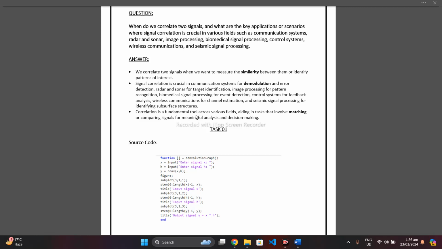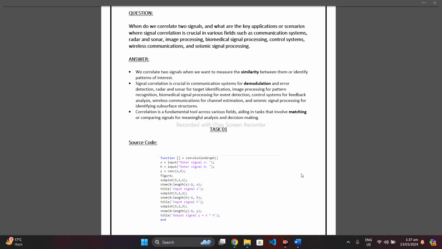Correlation is a fundamental tool across various fields, aiding in tasks that involve matching or comparing signals for meaningful analysis and decision making.